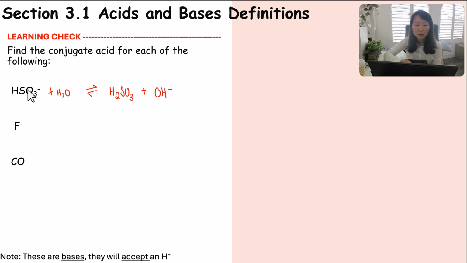I just want to describe the conjugate acid and base first, and then we'll talk about the charges. So you notice that HSO3 has accepted the hydrogen from the water. Now water has lost one of the H, becoming hydroxide, and here it has accepted one more H, hence H2SO3. Now for the charges.